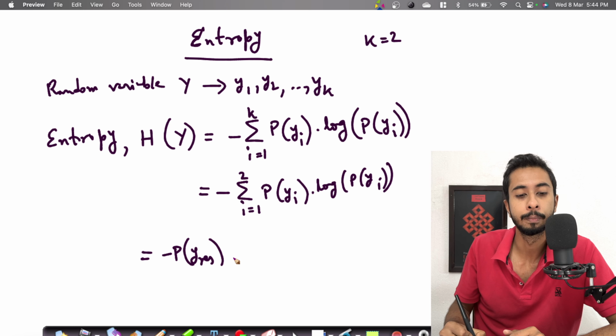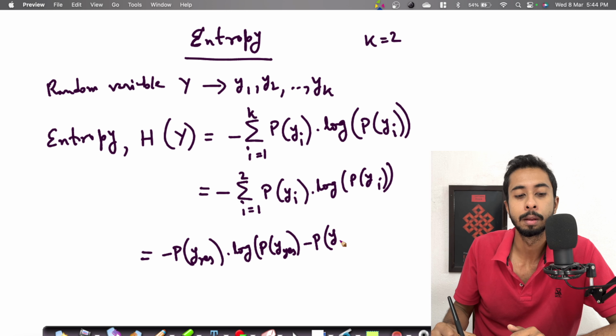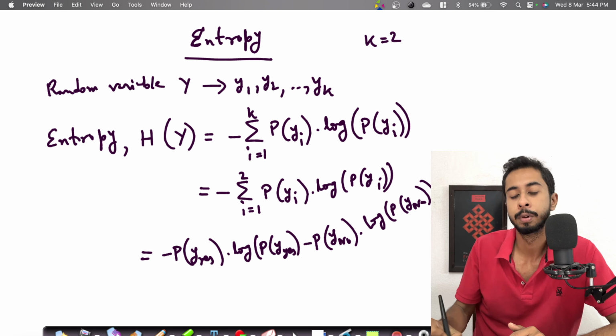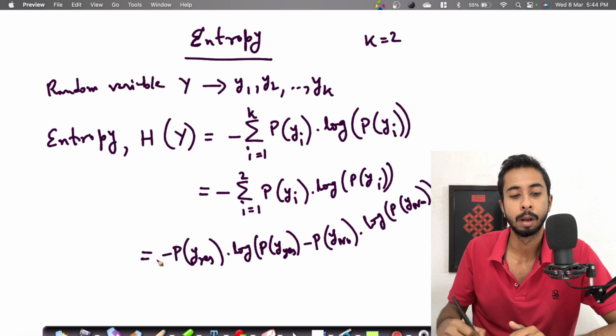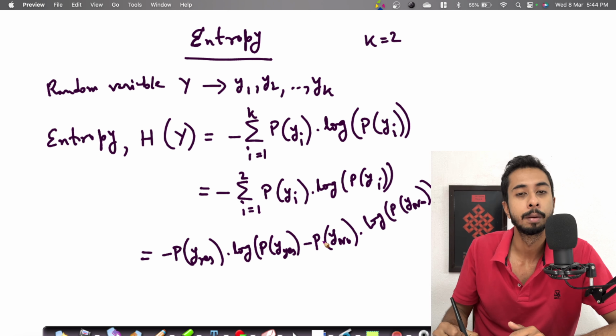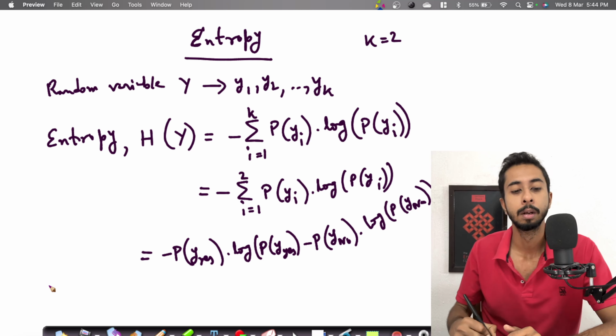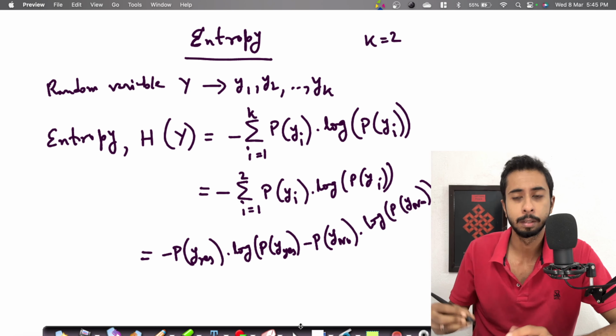So minus probability of y yes into log of probability of y yes, minus probability of y no into log of probability of y no. I'm not sure whether it is visible or not due to my picture, but I'll just repeat: minus probability of y yes into log of probability of y yes minus probability of y no into log of probability of y no, right?